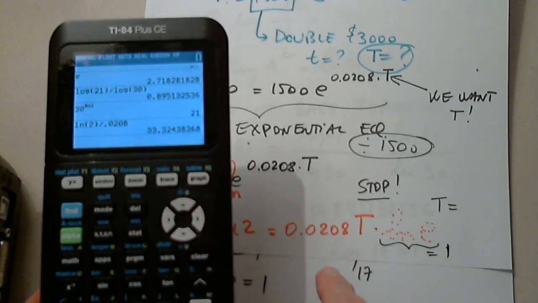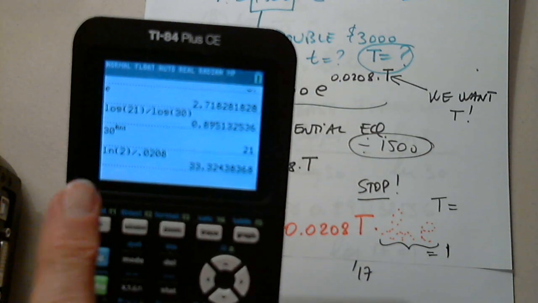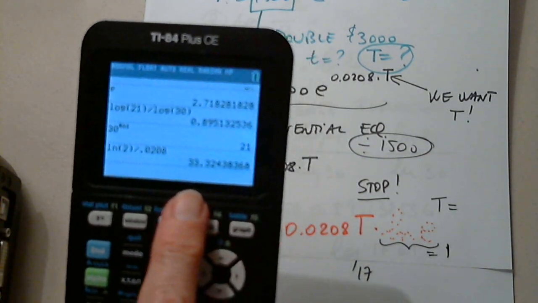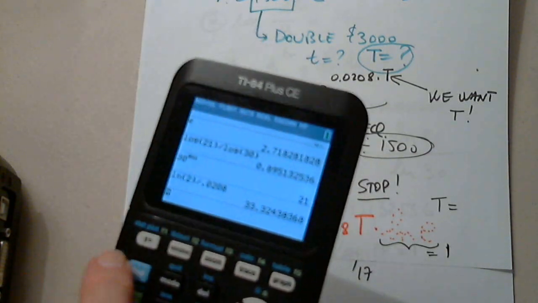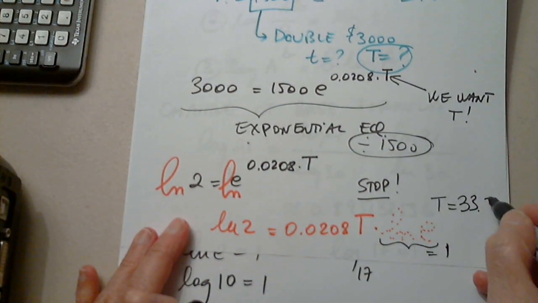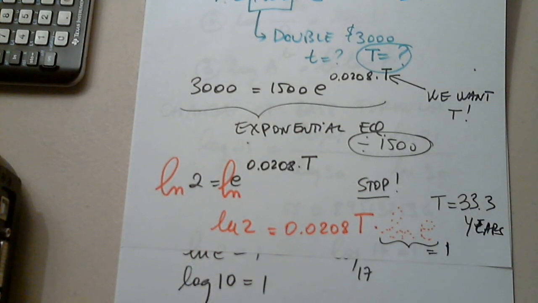At this slow rate of 2.8%, to turn our 1500 into a 3000, we need 33.3 years. It took 33.3 years. Good. Any questions?